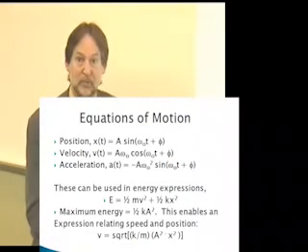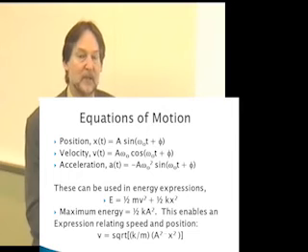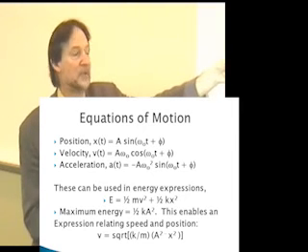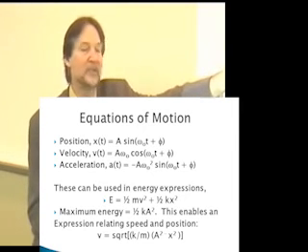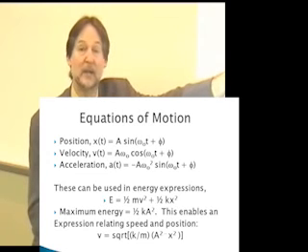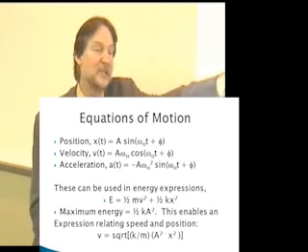Now, just as we've done before with kinematics and dynamics of linear motion and rotational motion, our goal really is to be able to describe the motion: position, velocity, and acceleration. Turns out that for simple harmonic motion, we can describe the position x as a function of time. In other words, this is saying, where are you at any time t?